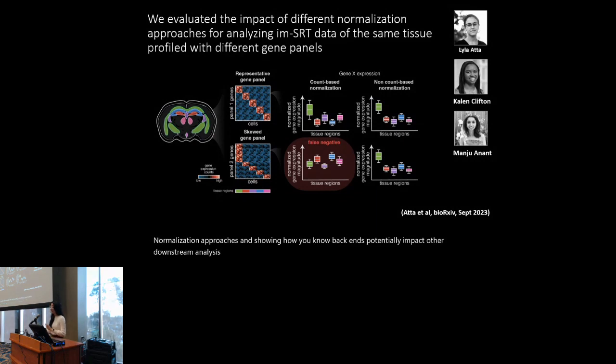In an ideal world, even if we have different gene panels, if I measure the same gene in gene panel 1 and gene panel 2, I should still be able to find that gene is, let's say, differentially upregulated in this particular cell type of interest. My results shouldn't change just because I changed my gene panel.